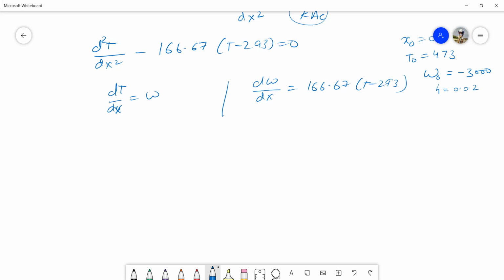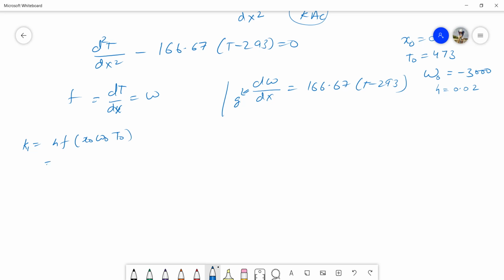So once we have the solution, we can compare the results. So K1 is h times F of the first function. Let's say this is F. We can take this as G. So we have h times the function evaluated at x naught, w naught and T naught.